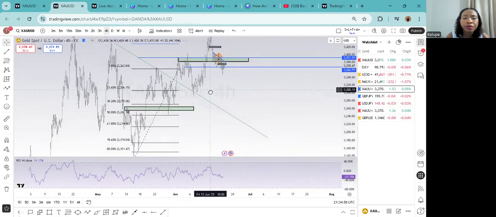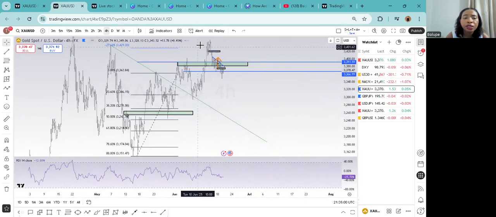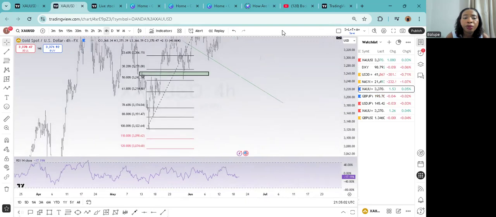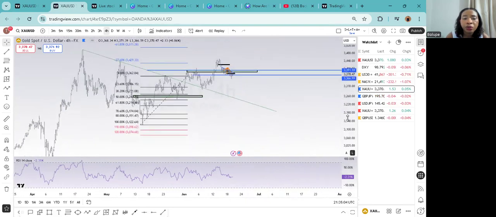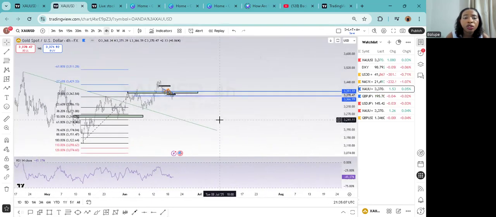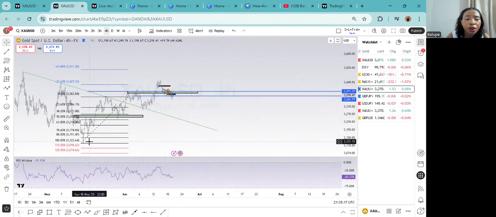And this actually finished up the fib structure and all. So major structure could be a pullback. It could be a pullback. What is happening with that? Is just exhaustion, right?